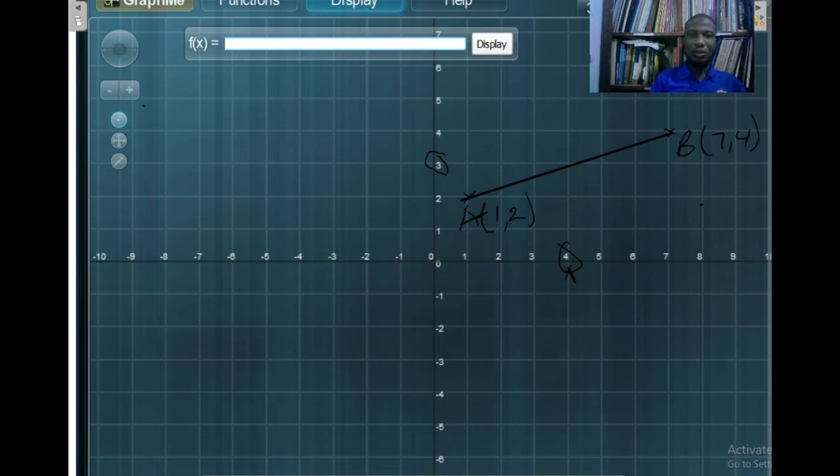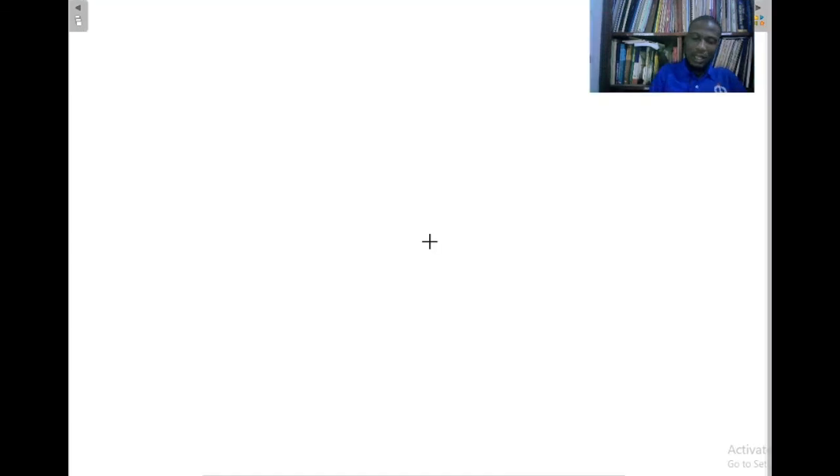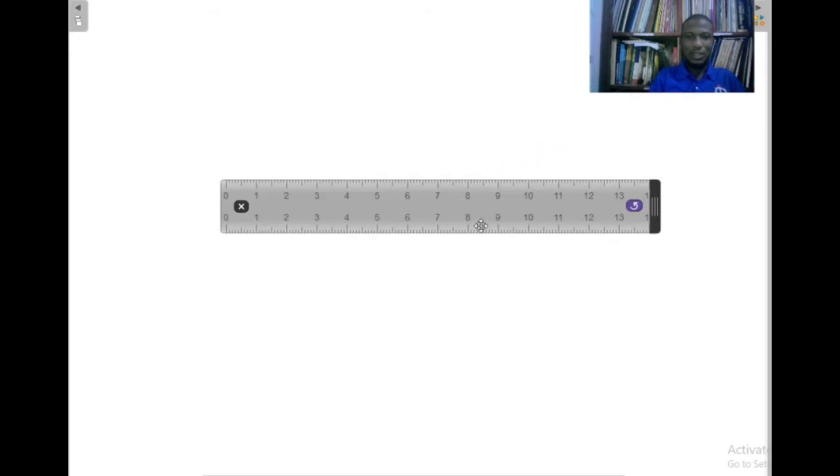So assuming we have an imaginary Cartesian plane, let me use a ruler to draw my Cartesian plane so that it looks a bit nicer than usual.